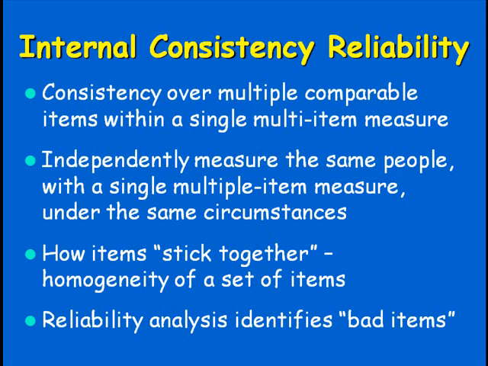So independently measuring the same people using a single multi-item measure under the same circumstances. So on 10-1 we give the Beck depression inventory, or let's say a depression inventory that I've developed. That's 10 items.